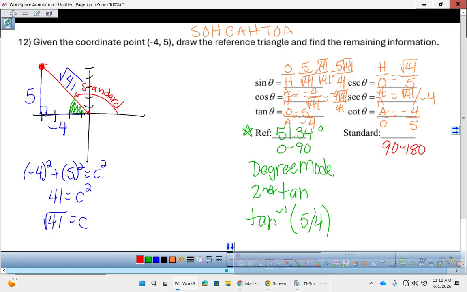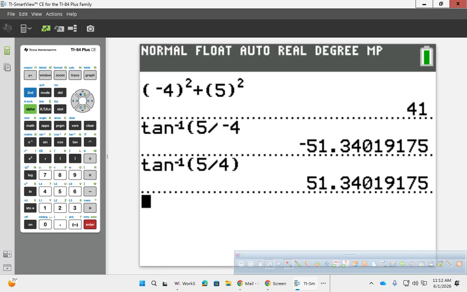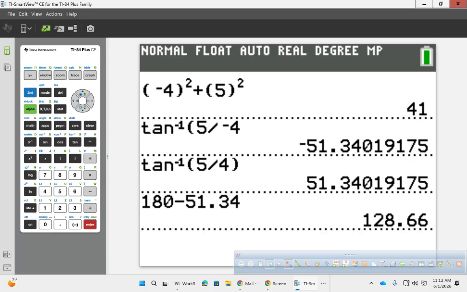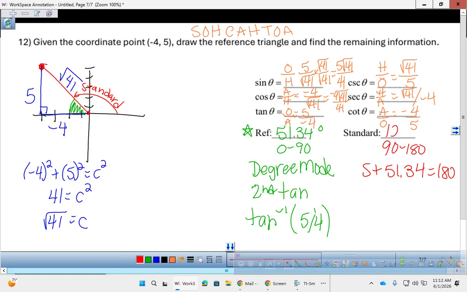So my standard angle plus 51.34 equals 180. So if I subtract the 51.34, then I'll get the standard. 128.66.